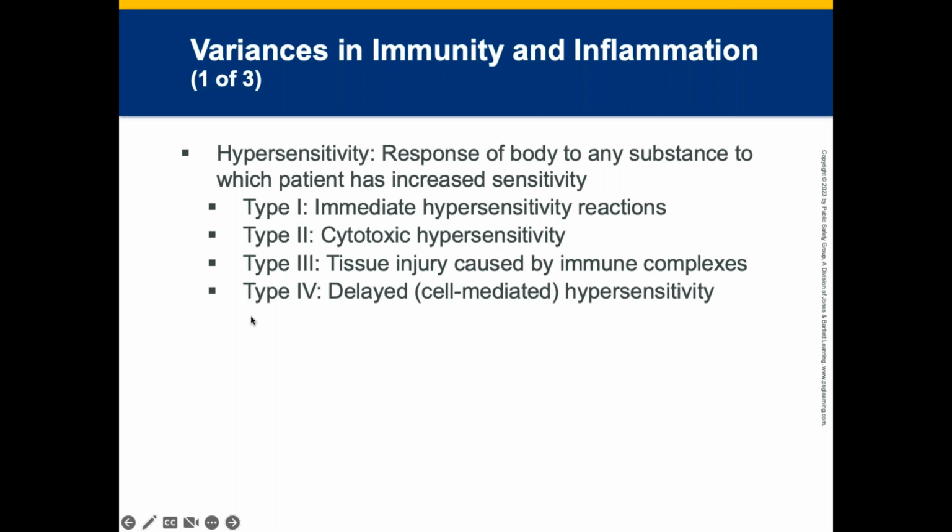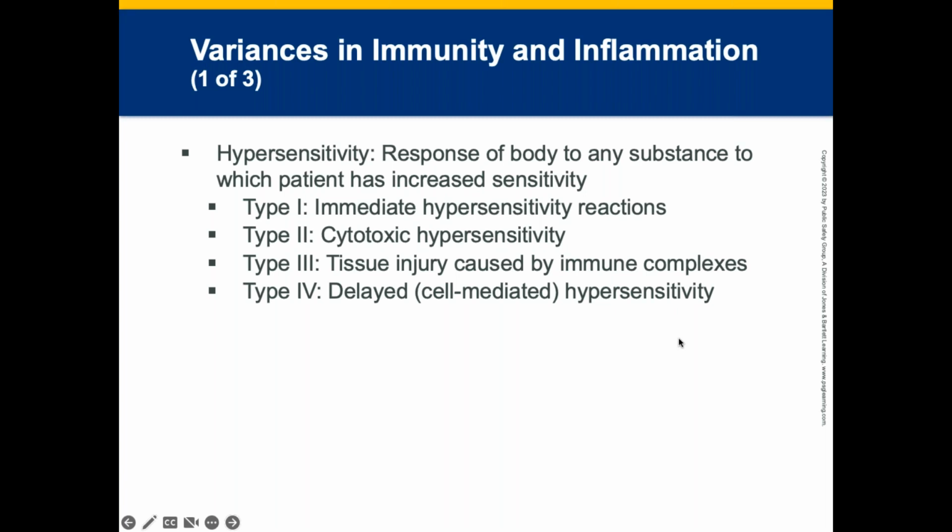Types of hypersensitivity reactions: type 1 is immediate hypersensitivity, which occurs in response to a stimulus, and the degree of severity varies. Type 2 is cytotoxic hypersensitivity reaction, in which your cells are destroyed by complement fixation or other antibodies. Type 3 is tissue injury caused by immune complexes, which may be systemic or localized.